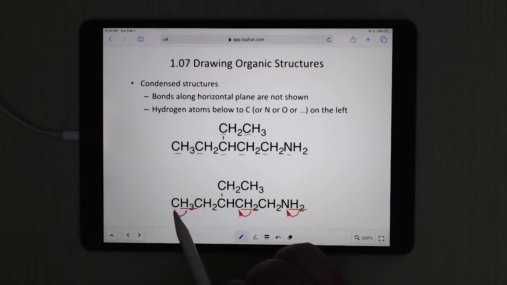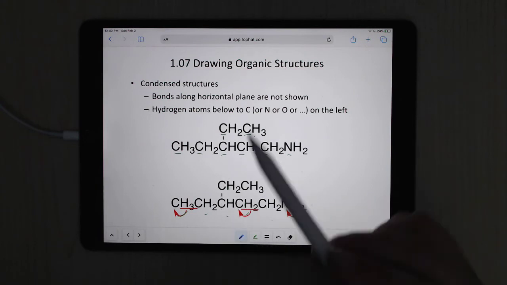So these 3 hydrogens are bonded to that carbon. There is a single bond here. These 2 hydrogens are bonded there. This hydrogen bonded there. These 2 hydrogens bonded on that carbon. These 2 hydrogens bonded on that carbon. These 2 hydrogens on that carbon.